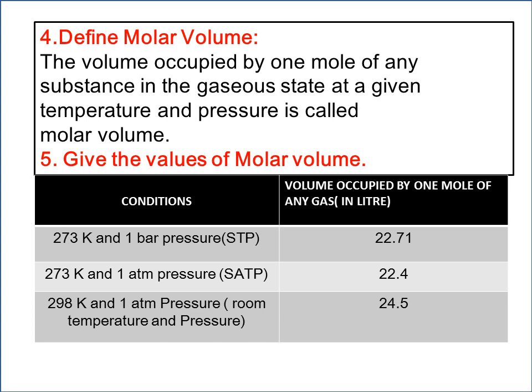At 298 Kelvin and 1 atmospheric pressure, that is room temperature and pressure, the volume occupied by the gas will be 24.5 liters. So molar volume is nothing but volume occupied by 1 mole of any gas at the given temperature and pressure. According to the given temperature and pressure, the volume occupied by the gas varies as given in the table, which we call molar volume, and the values you must know to do any problem.